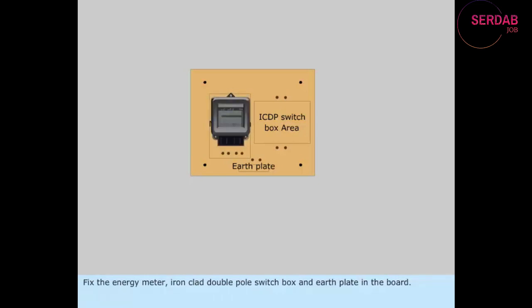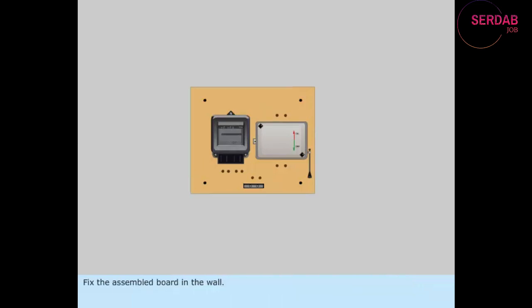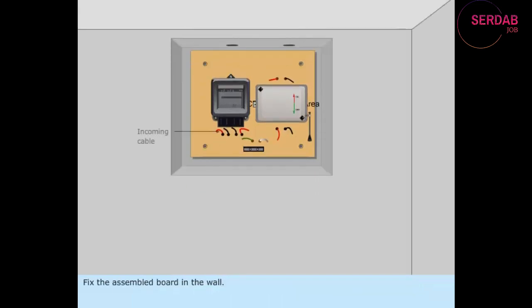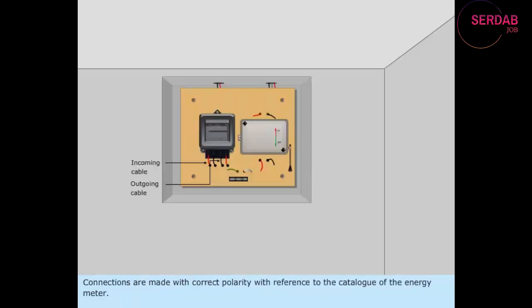Fix the energy meter, ironclad double pole switch box, and earth plate in the board. Fix the assembled board in the wall. Connect the supply cable to the meter. Connections are made with correct polarity with reference to the catalog of energy meter.